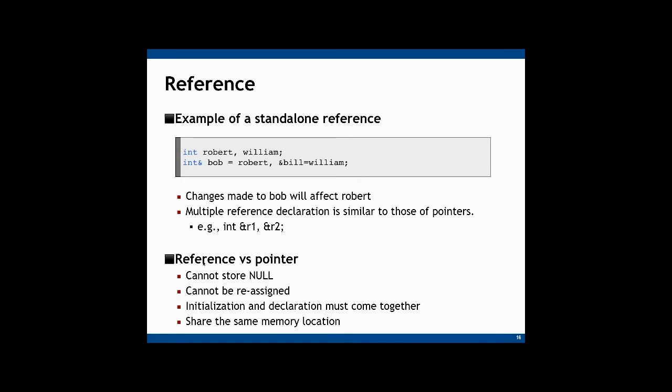If we compare references with pointers, a reference cannot have a null value, and it cannot be reassigned. So you can think of a reference as a const pointer, and you should initialize a reference variable when you are declaring it. So initialization and declaration must come together. And references share the same memory locations. Let's see this restriction with the example code.